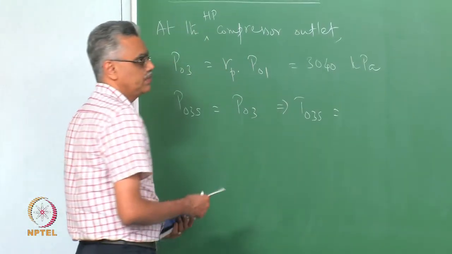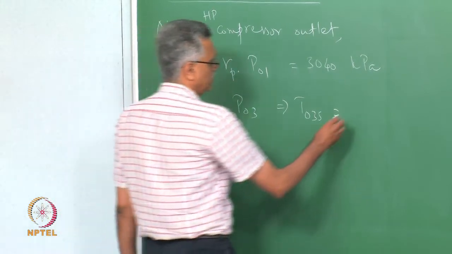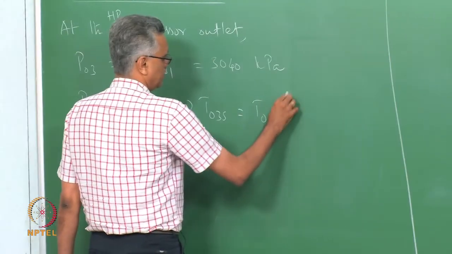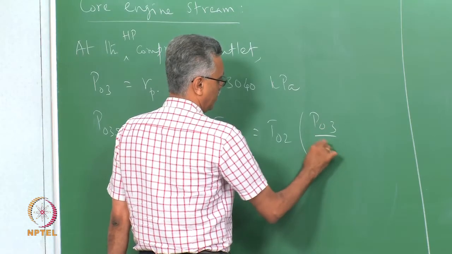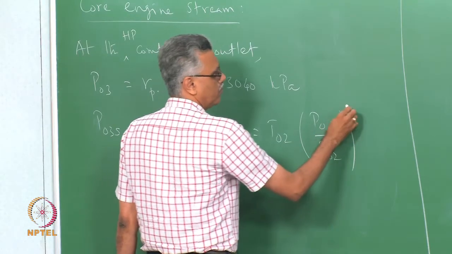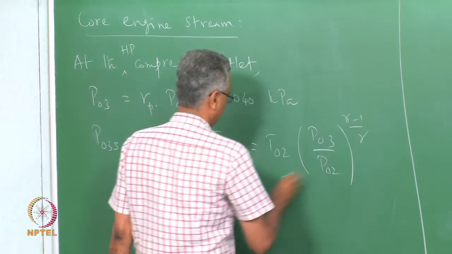As shown here, T03S is going to be T02 times P03S divided by P02 to the power gamma minus 1 over gamma.